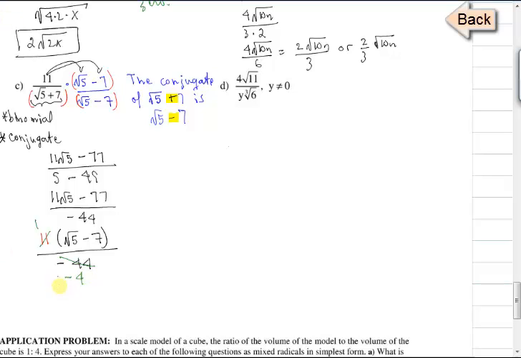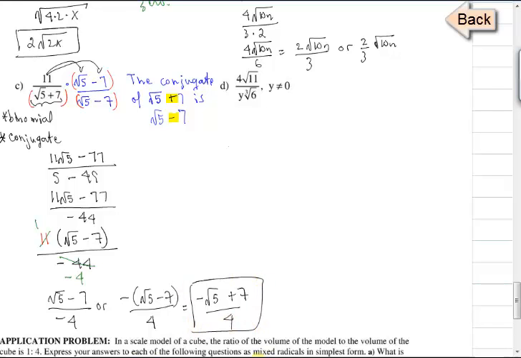And so I now have root 5 minus 7 over negative 4. Or I can bring the negative up into the numerator. And I am left with negative root 5 plus 7 over 4. Okay.